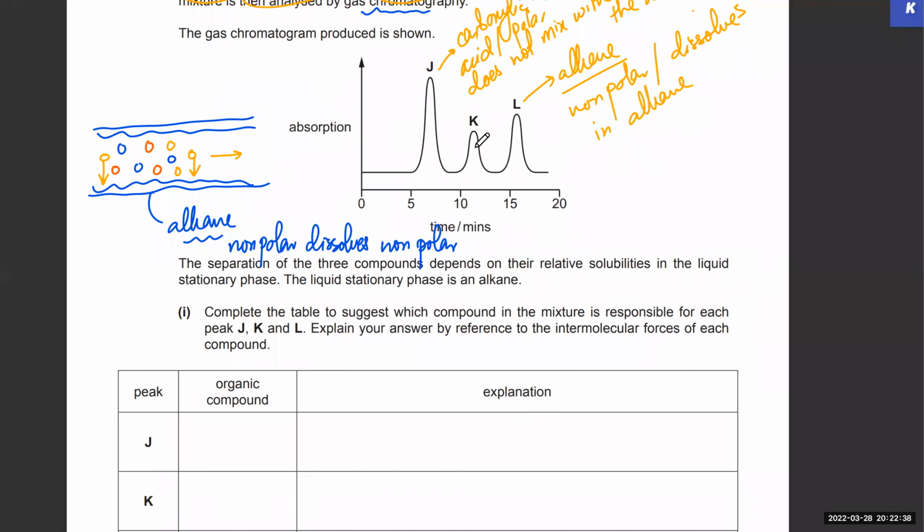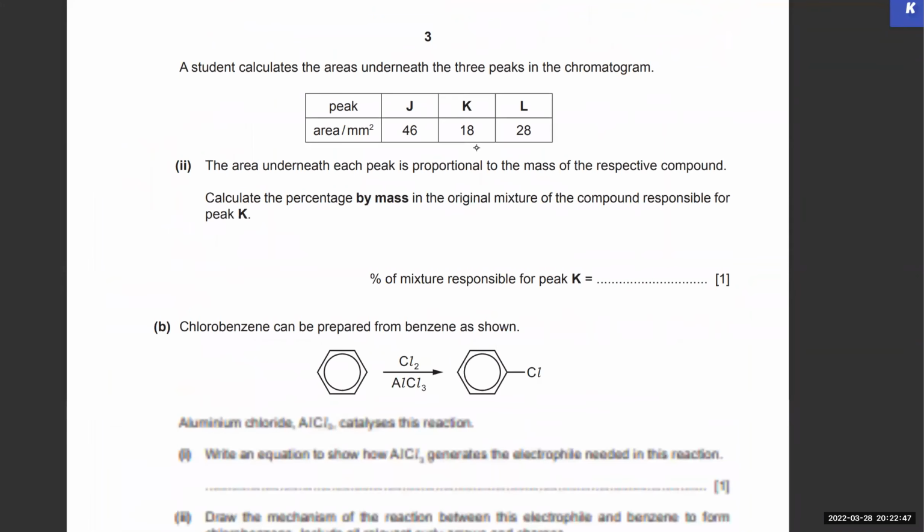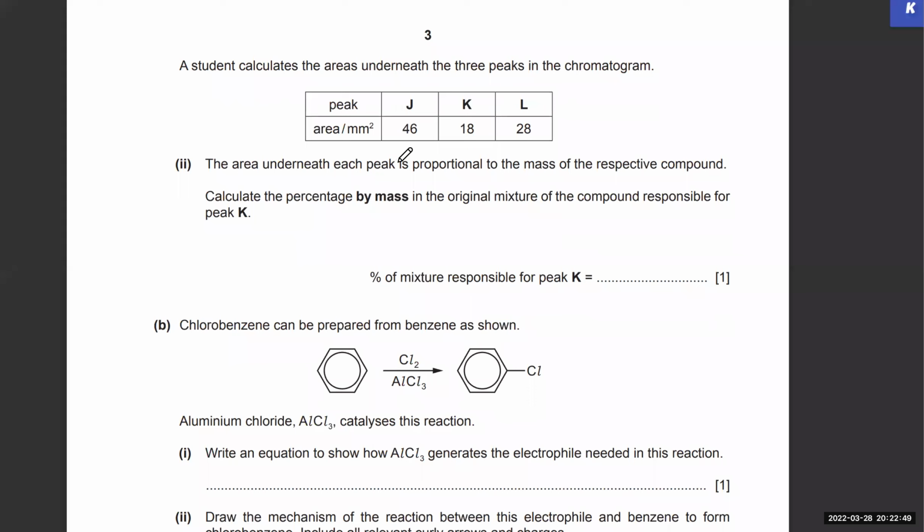And he has already given you the areas of the peaks. He's also told you that the area underneath each peak is proportional to the mass. So he's asking you to calculate the percentage by mass in the original sample. The original sample consists of all 3 things. So what is the percentage by mass of K? That would be 18 divided by 46 plus 18 plus 28, multiplied by 100.